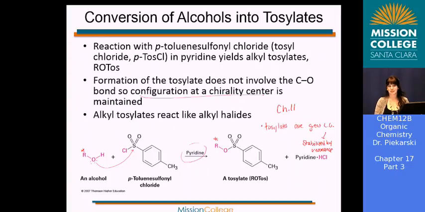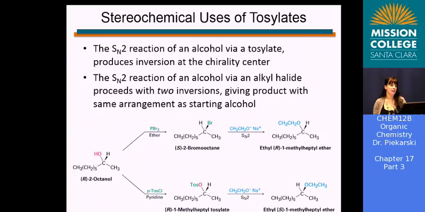You might ask, why don't I just use an alkyl halide? Why do I have to do this tosylate reaction? One of the most important reasons for using tosylates in SN2 is all about the stereochemistry. If you're trying to manipulate the stereochemistry, then you might want to use tosylates in your multi-step synthesis. Here's why. If we go from an alcohol and do the normal alkyl halide route and then an SN2 reaction, originally this has R stereochemistry, right? 1, 2, 3.